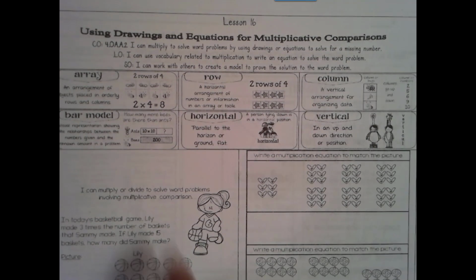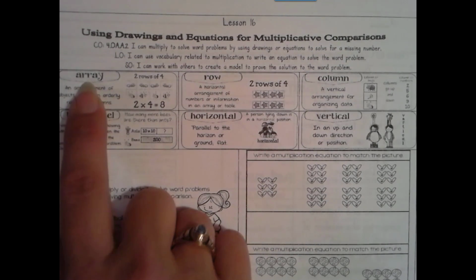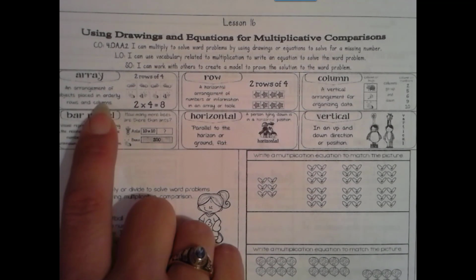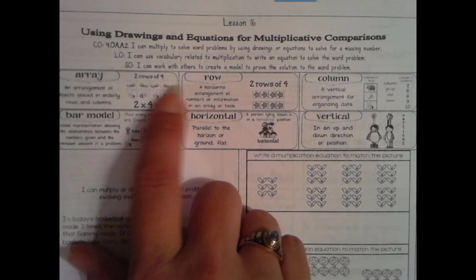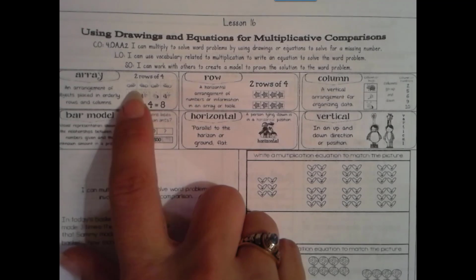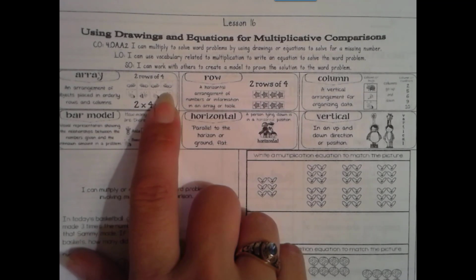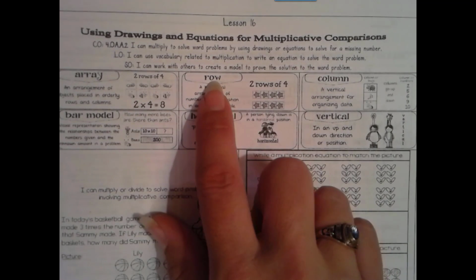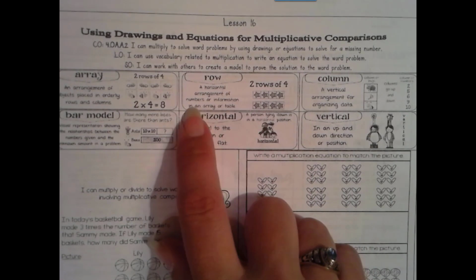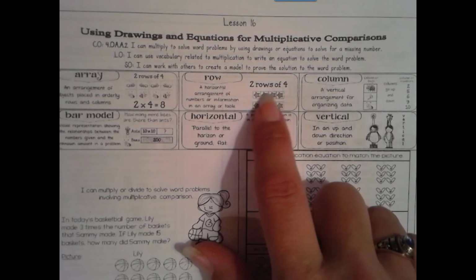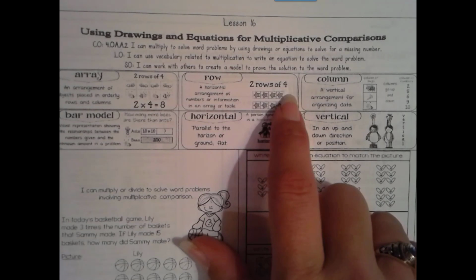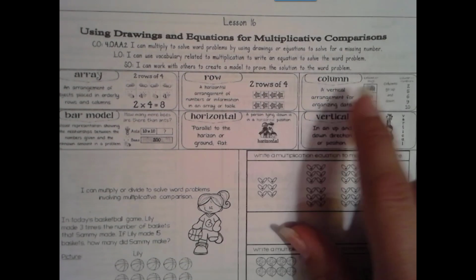Here's our vocabulary. First we have array, an arrangement of objects placed in orderly rows and columns. So here we have 2 rows of 4, so 2 times 4 gives us 8, because we have 2 equal groups we can combine together. A row is a horizontal arrangement of numbers or information in an array or table. Rows go left to right, horizontally.